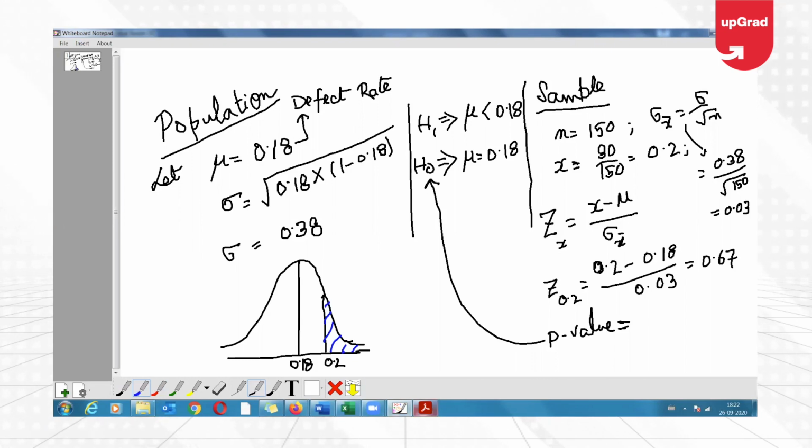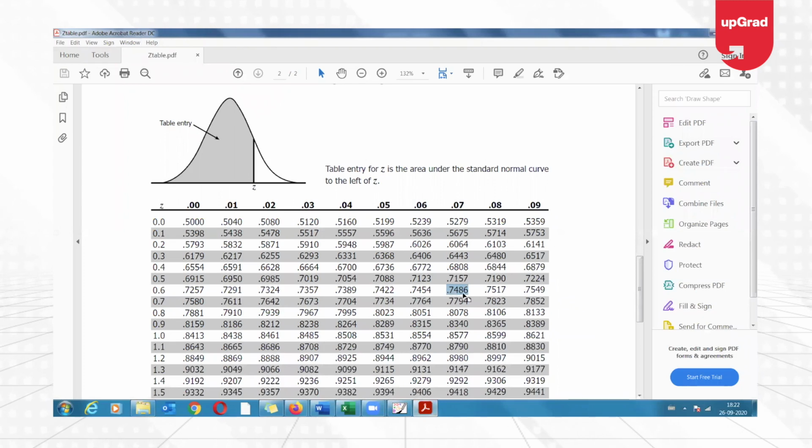So what I have got is a p-value of 0.7486, which means this side is 0.7486. I need this side.